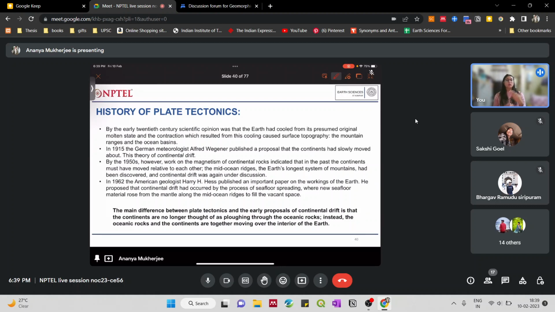The plate tectonics theory said that the oceanic and the continental crust is actually moving over a layer, flowing on top of a layer which is partially molten or molten. So this is where the plate tectonics theory started gaining momentum.